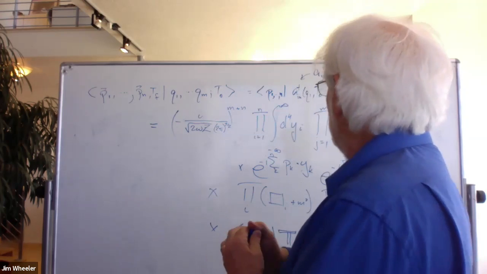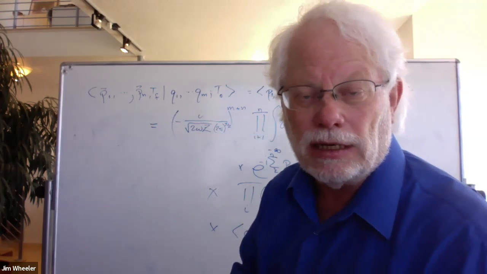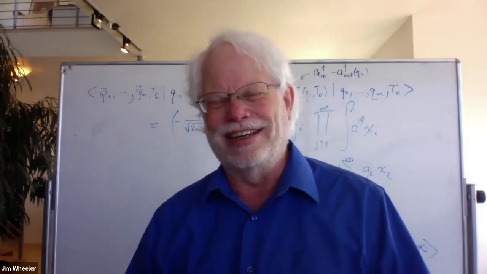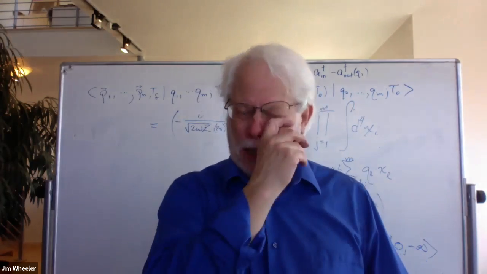One thing. Question, Professor? Oh yeah, sure. Just about this time ordering picture. Is the idea that we want our annihilation operators to act as zero on the left, right? So you're picking earlier times to the right, so that at a later time the operator is constant.